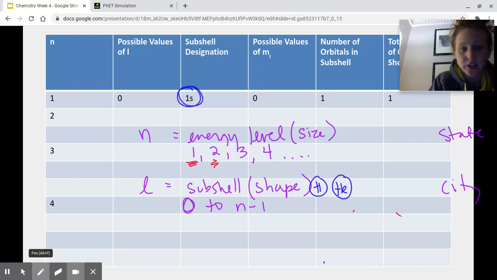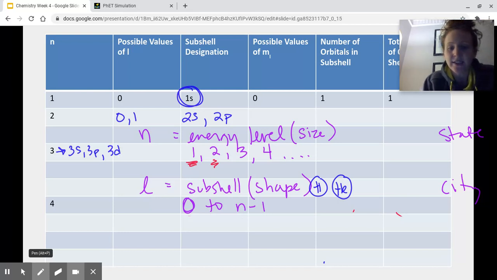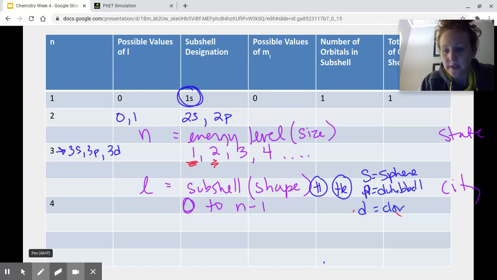The second energy level can have an S and a P. And the third energy level can have an S, a P, and a D. Okay, if S is sphere and P is dumbbell, D's kind of look like clovers.